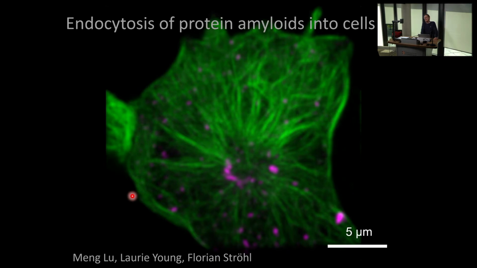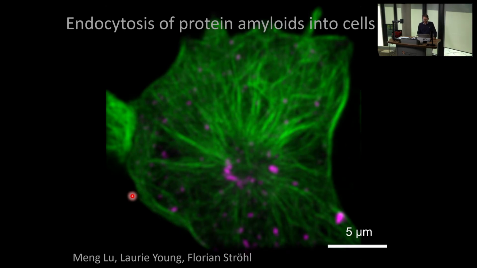We said, you know, going from 240 nanometers to maybe 120 nanometers is not such a great deal, but it is. In this work here, Meng Lu, who is a postdoc in the group, used structured illumination microscopy to look at what cells do once you expose them to these neurotoxic proteins.